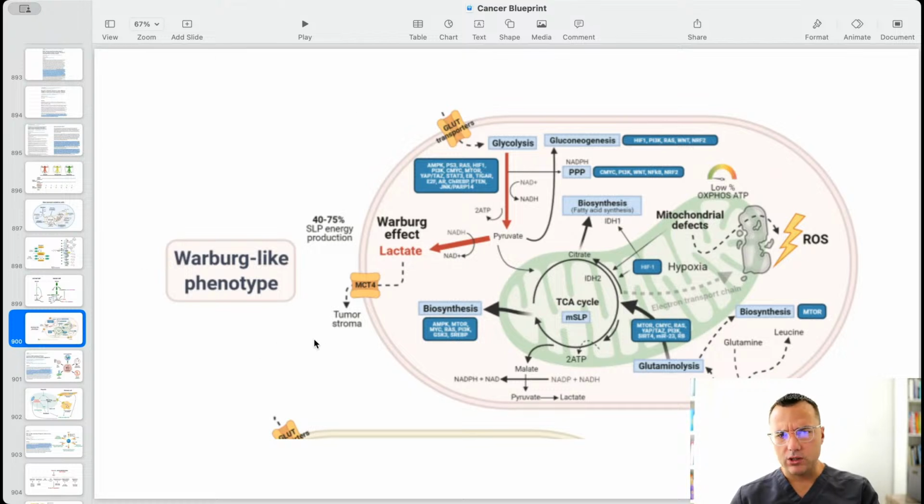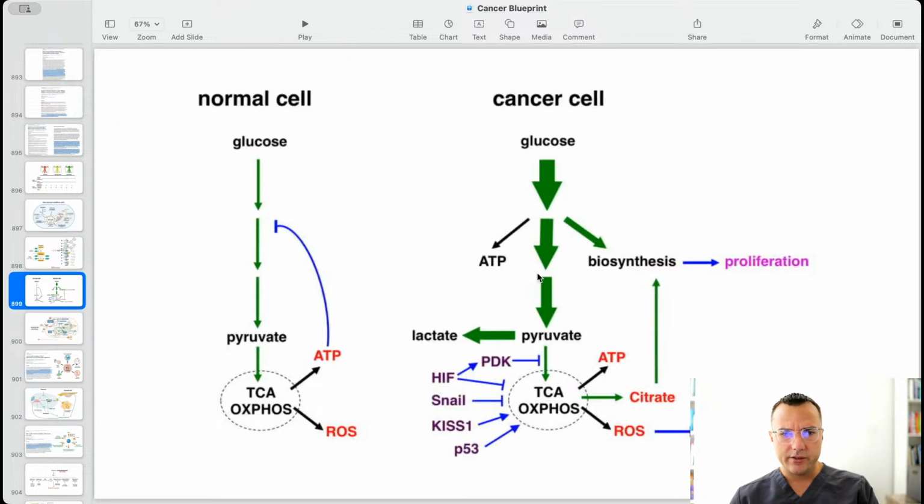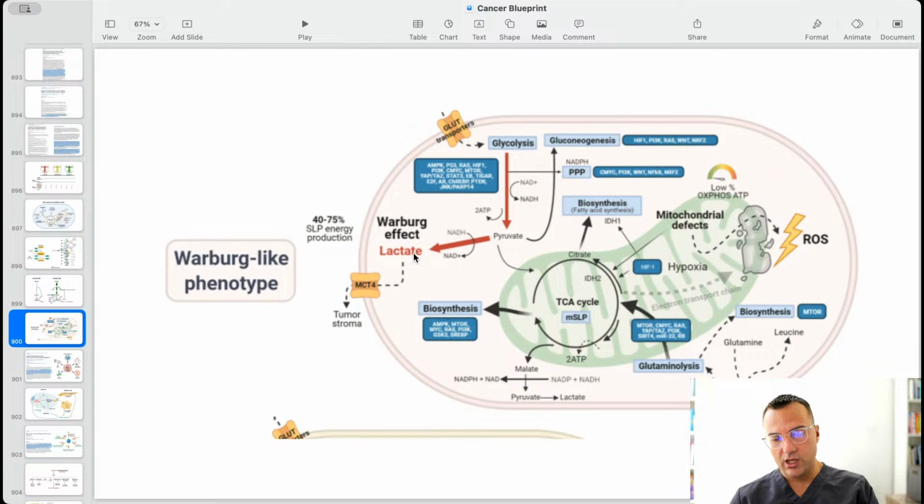Lactic acid, or lactate, is a big problem. I have a whole little micro series on lactic acid and the tumor microenvironment. But lactate is the end product of glycolysis, aerobic glycolysis, or the fermentation effect. Lactate is made here. Lactate is also, you see here, same process, just a different graphic way of showing it.